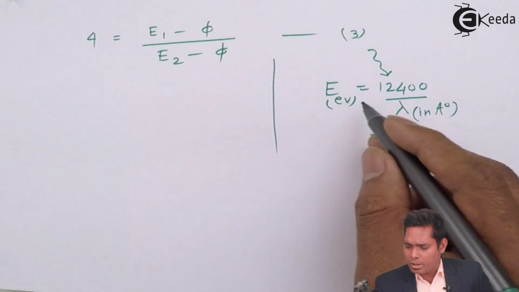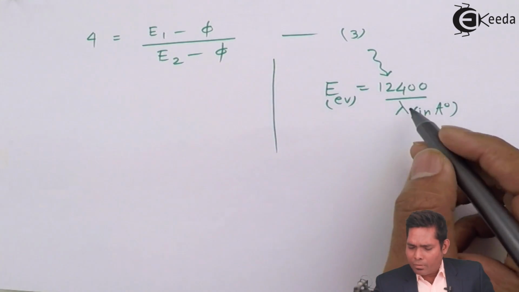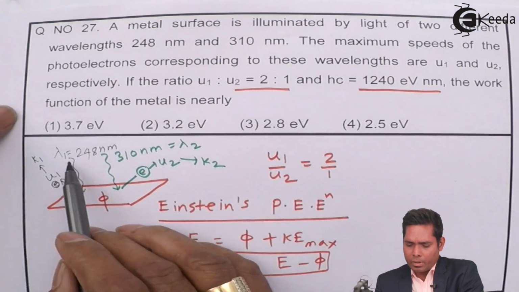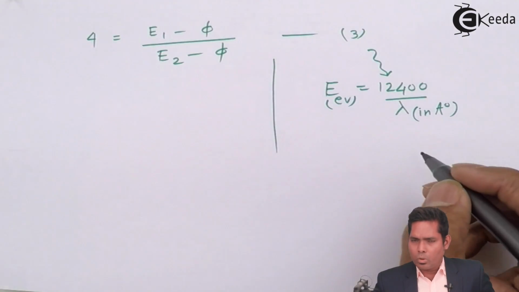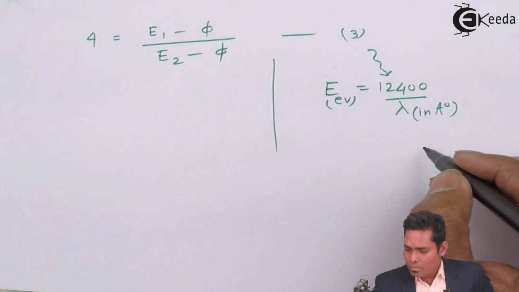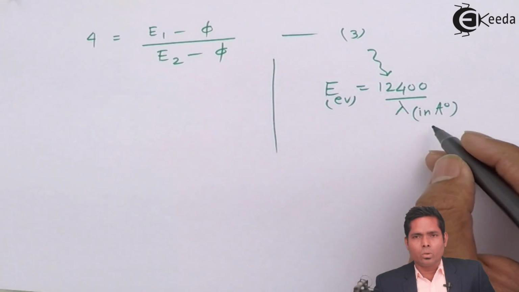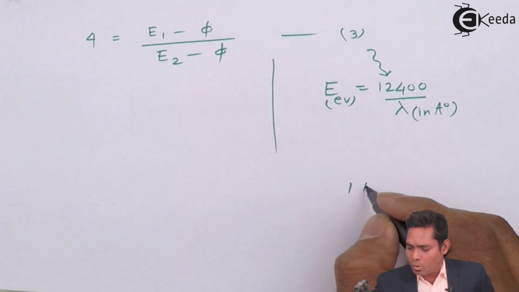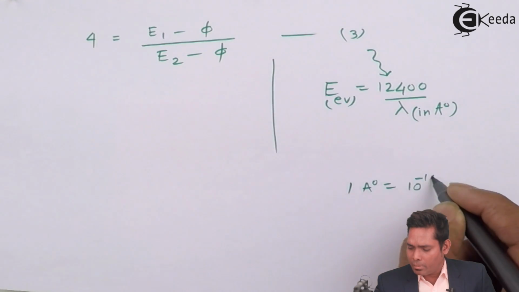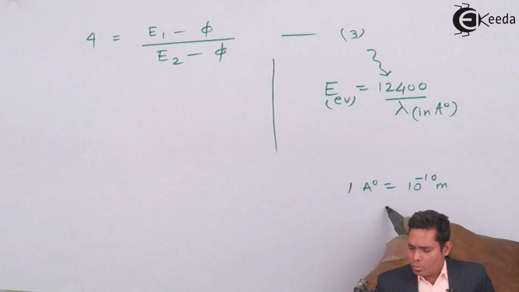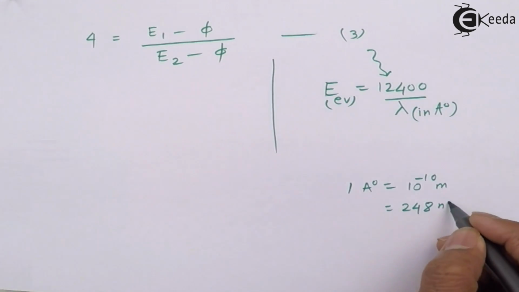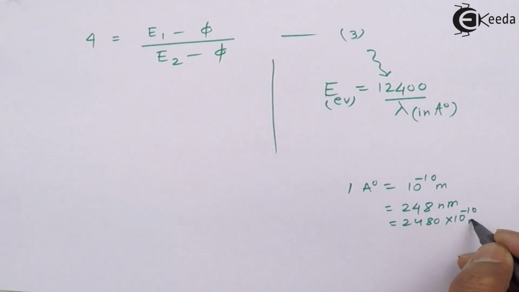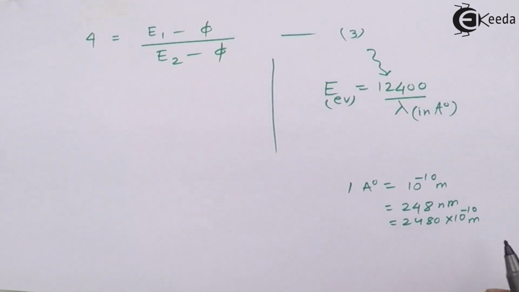If you use this electron volt, the lambda 1 in the first case was 248 nanometer, so that is 2480 Angstrom, because 1 Angstrom is 10 raised to minus 10 meter. 248 nanometer means 2480 into 10 raised to minus 10 meter, which is obviously 2480 Angstrom.